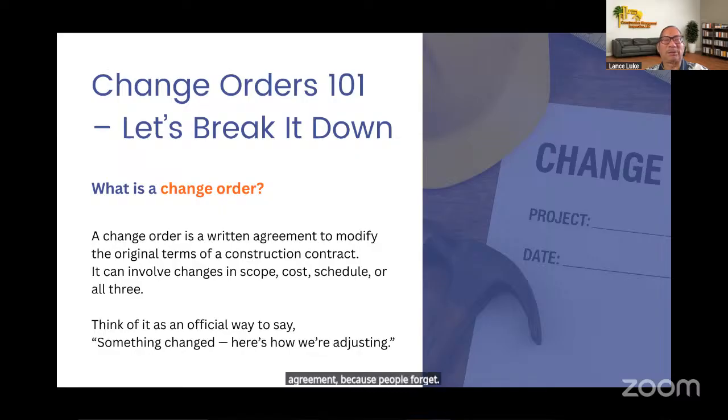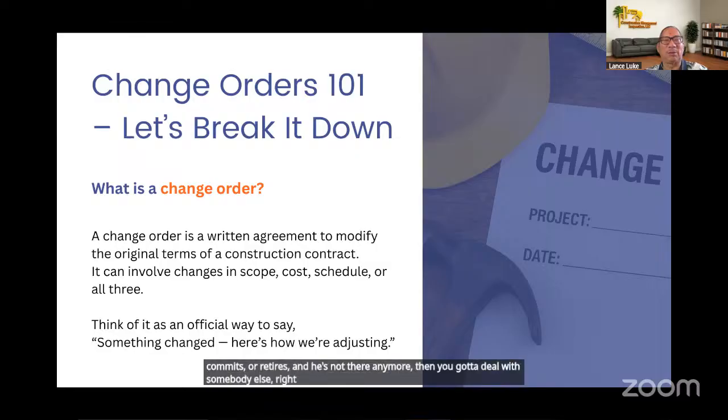Or let's say the person you were dealing with, like the project manager of the construction company, quits or retires and he's not there anymore, then you have to deal with somebody else, right? And they don't know what's going on. So word of advice, get everything in writing, even if it's $20.